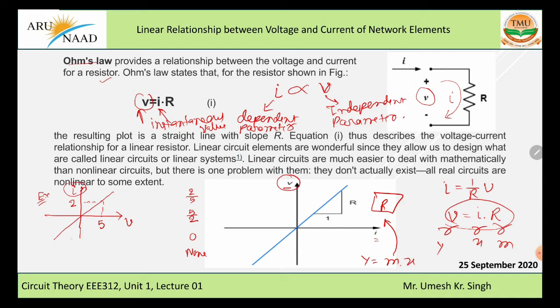So this slope is not R. You can see that it is written as I is equal to V into 1 upon R. So with I on the y-axis and V on the x-axis, the slope m is equal to 1 upon R. So m is equal to 2 by 5, so R will be equal to 5 by 2 ohm. So this answer will be correct.